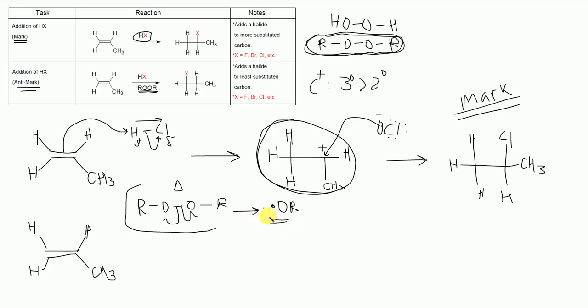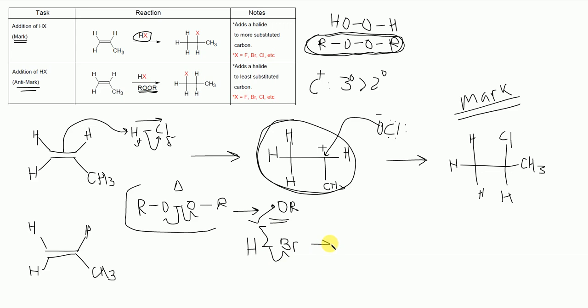And what happens with this is that this is going to react more reactively with our acid than the double bond will. And so what's going to happen is I'm going to have my HX, right? I'm just going to put HBr, and I'm going to have a half reaction, right?